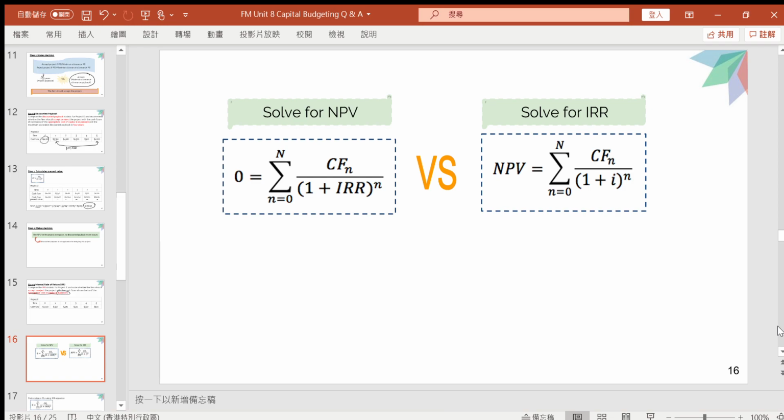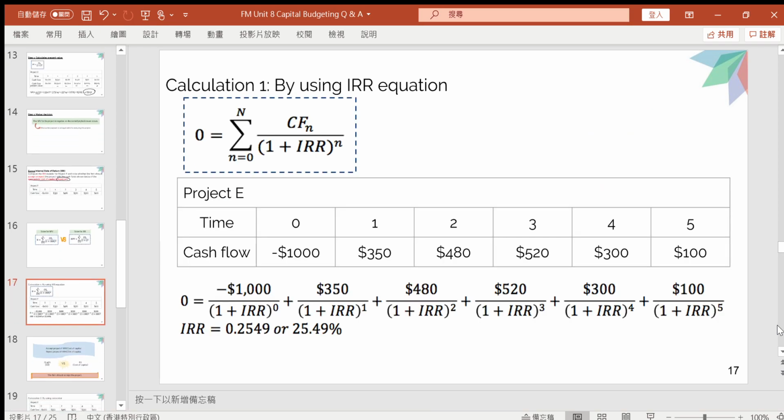That's why we need to work out the internal interest rate of this project in order to give us the 0 and to compare with the cost of capital. And if the cost of capital is smaller than the internal rate of return of this project, then we will accept, as that is the benchmark of the internal rate of return. Okay, then we will work out the figures.